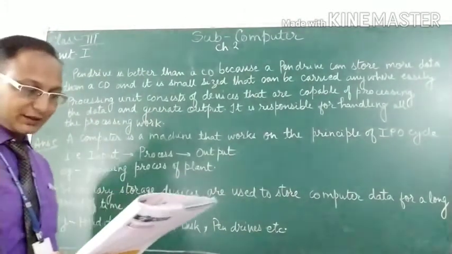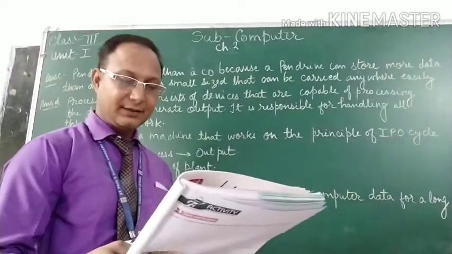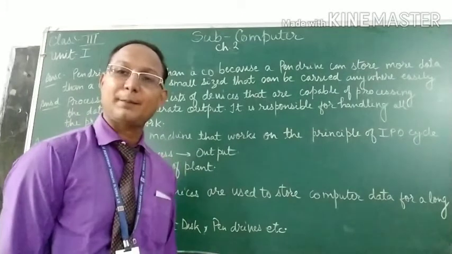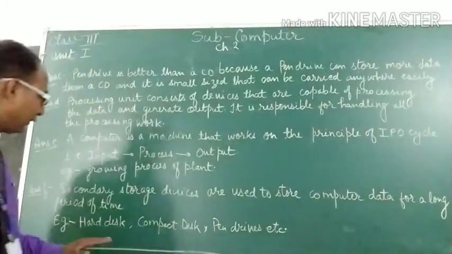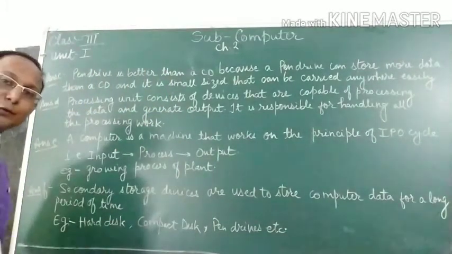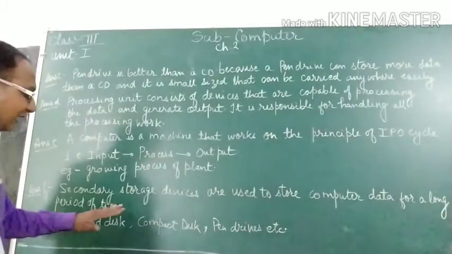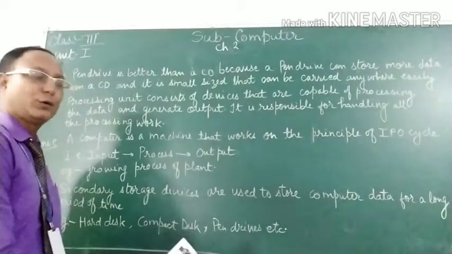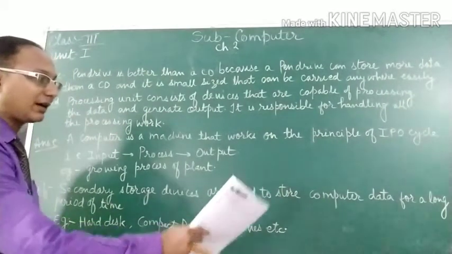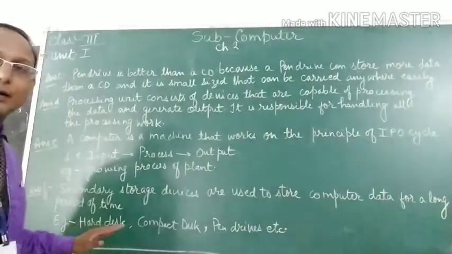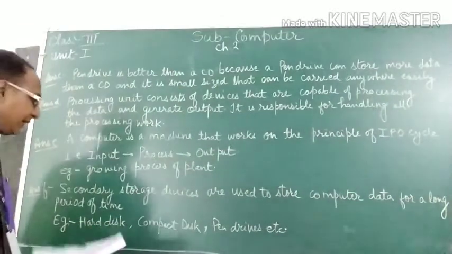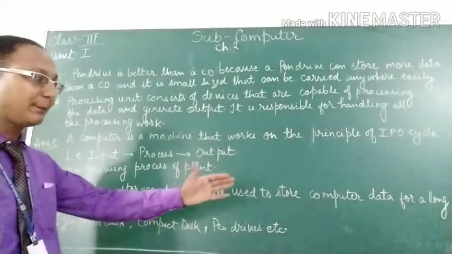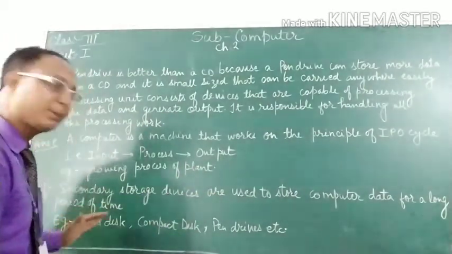The last question of this chapter is: define secondary storage devices, give examples. So see how you have to note it down in your notebook. Secondary storage devices are used to store computer data for a long period of time.